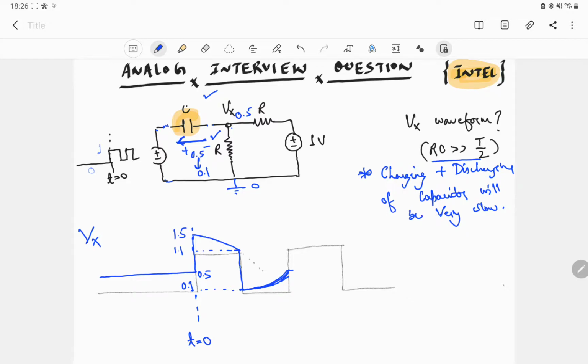Since the time constant is the same throughout the circuit, it should go to 0.5 only. Then again the circuit will go to 1.5, then again it will go there, then the same cycle will repeat, I believe. Since I have found this voltage to decrease by 0.4, this should also be an increase of 0.4 only.